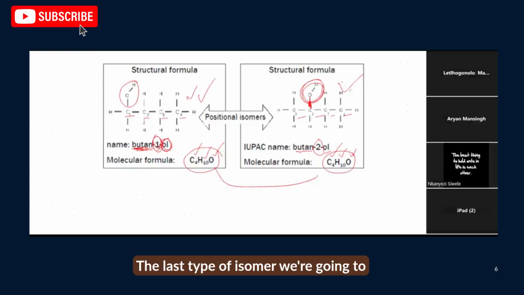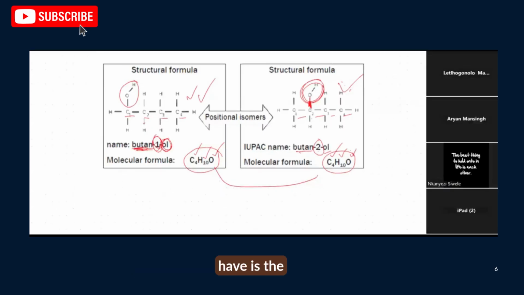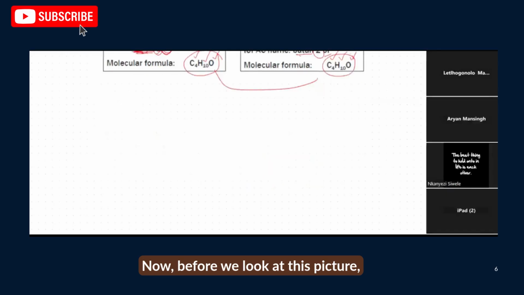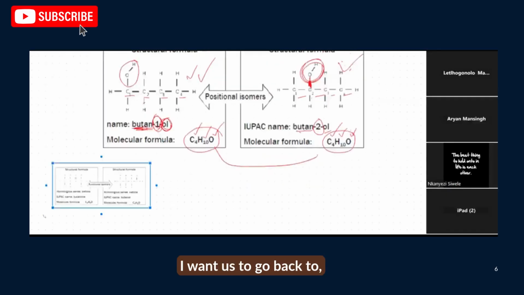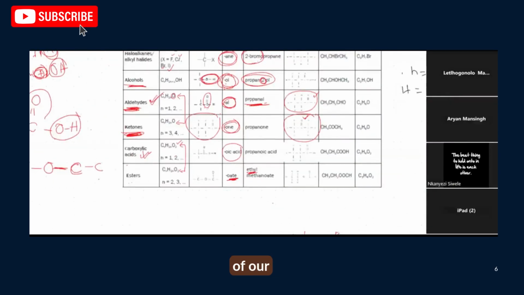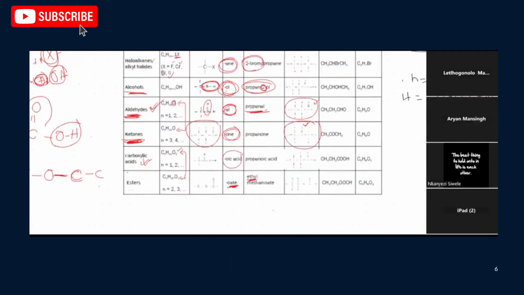The last type of isomer we're going to have is the functional isomer. So the molecular formula is going to be the same, but the functions will not be the same. Now, before we look at this picture, I want us to go back to this list of our homologous series.